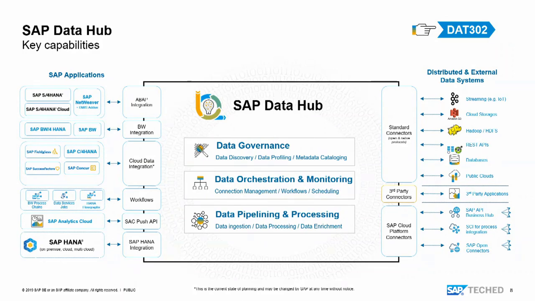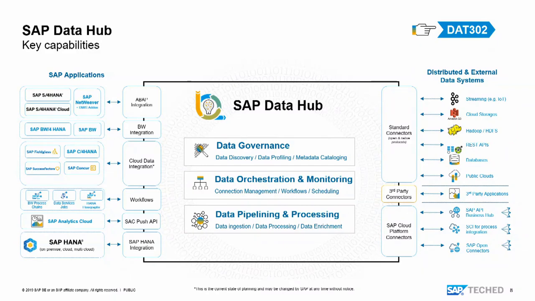I mentioned SAP Data Hub and SAP Data Intelligence. You might have heard of both. Basically, Data Intelligence contains the functionality that I just introduced, which is part of SAP Data Hub, but on top, Data Intelligence also includes machine learning services. The deployment is also a little bit different.